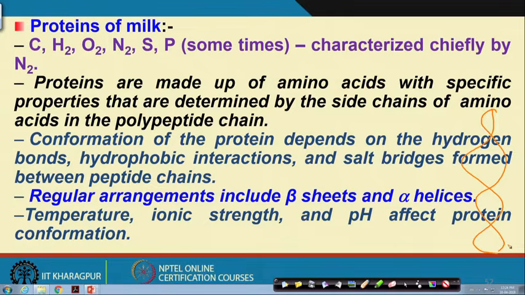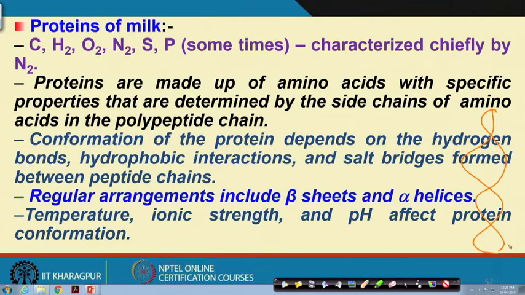So, it appears like a helical group, right, and all these depend on the temperature, ionic strength, pH that affect the protein conformation, and conformation we also said is nothing but the spatial arrangement of the functional groups of the molecule, that is the conformation of a particular molecule or atom or system, right. So, this we have seen.